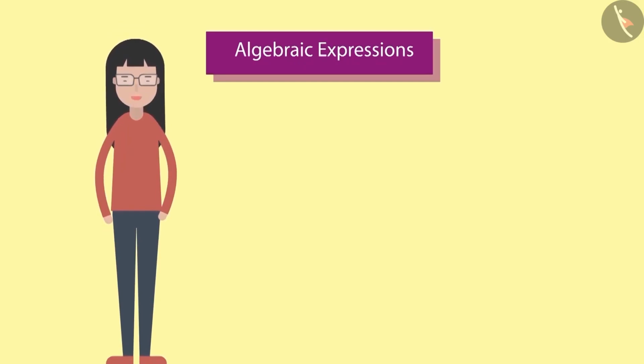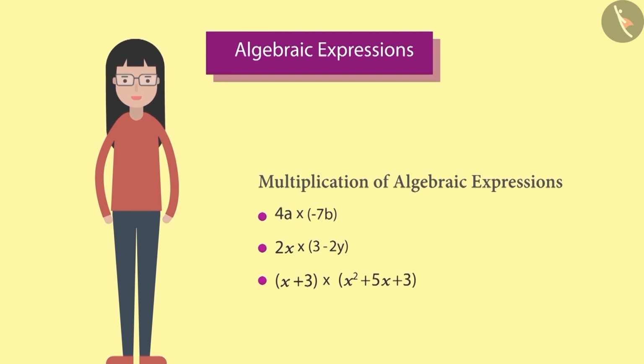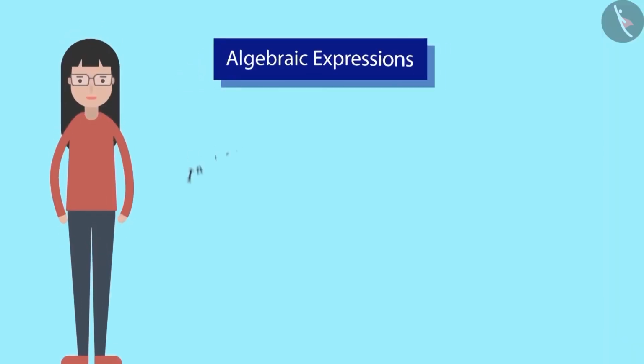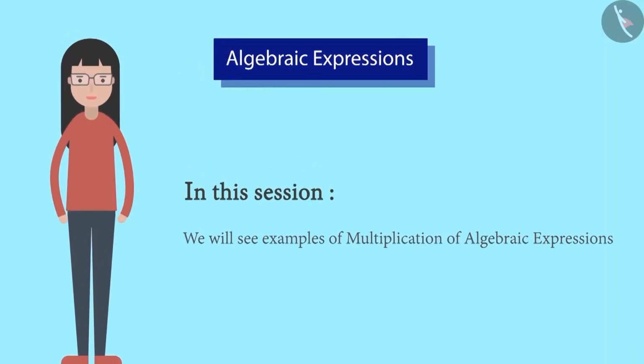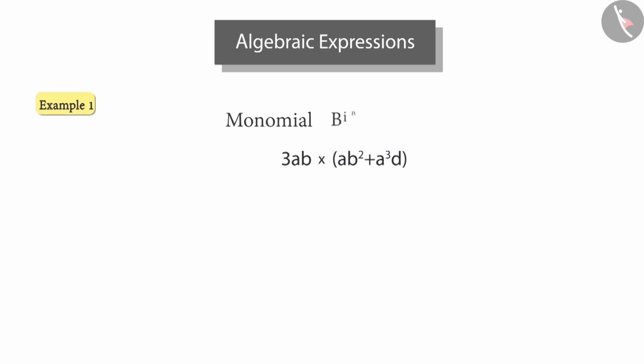In the last session, we saw how two algebraic expressions are multiplied. Friends, in this session, we will see some more examples of multiplication of algebraic expressions. Come on, let's start. Let us suppose we have to multiply these two expressions. It is a matter of multiplication of monomials and binomials.